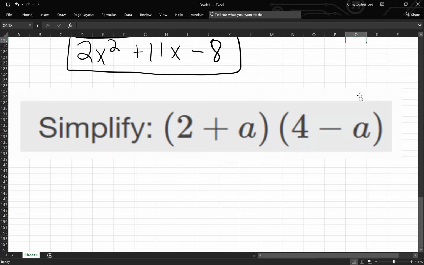Starts with a D. I have to distribute. All right. So let's distribute this.